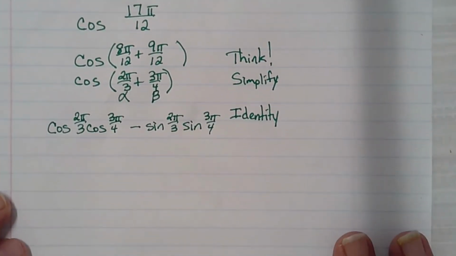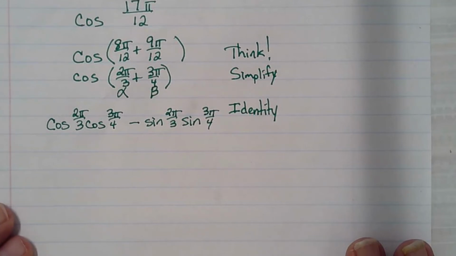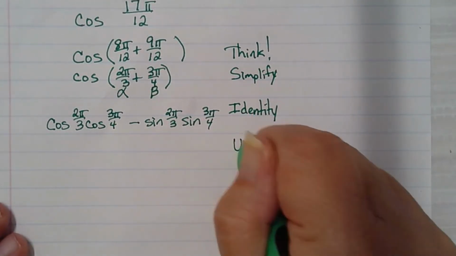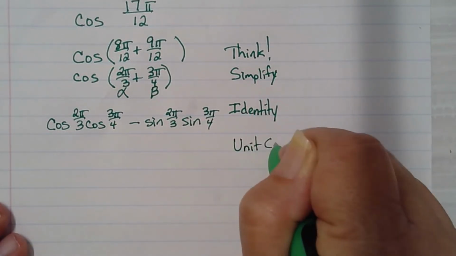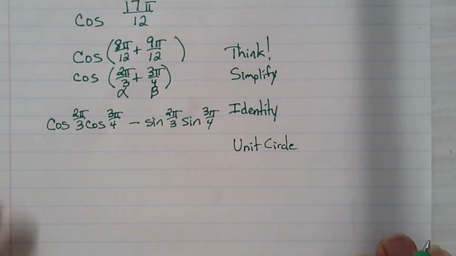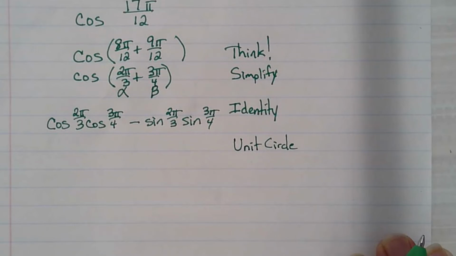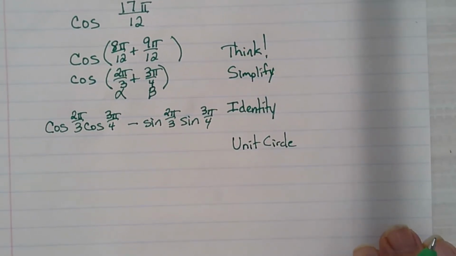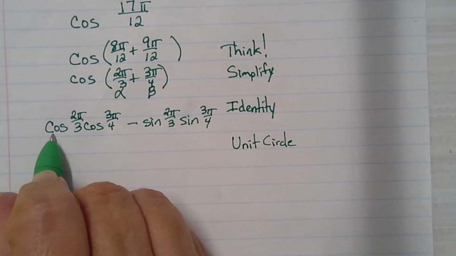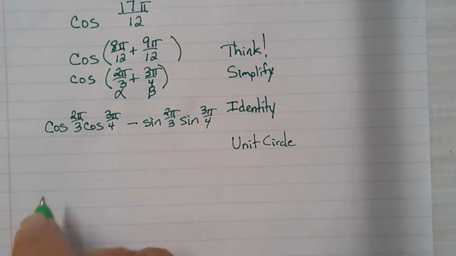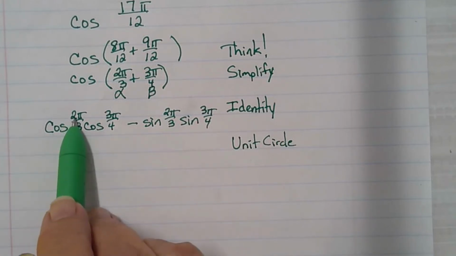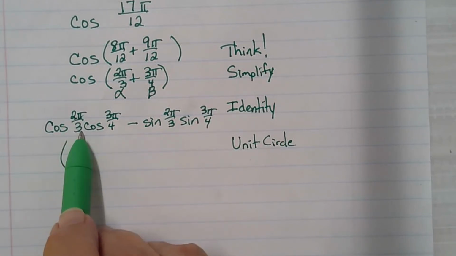Now, at this point, I want to evaluate those cosines and sines using what I know about the unit circle. You can flip your yellow chart on the back if necessary, or you may hopefully have these memorized, but in case you don't trust your memory, what is the cosine of 2 pi over 3? Not 3 pi over 2, 2 pi over 3.